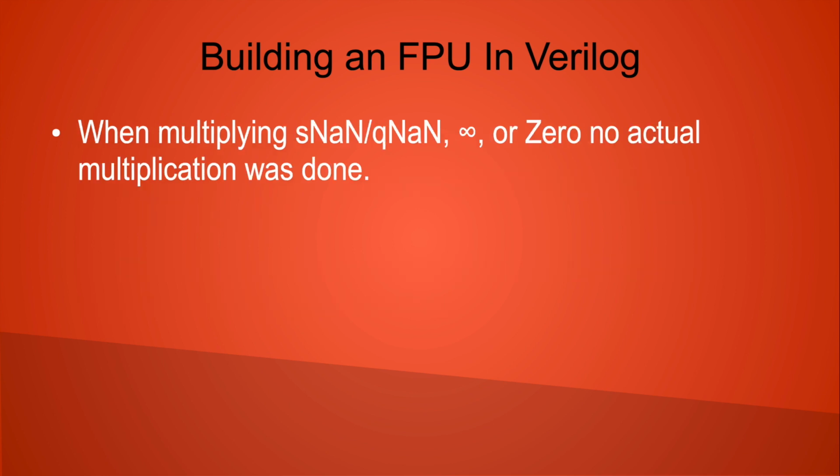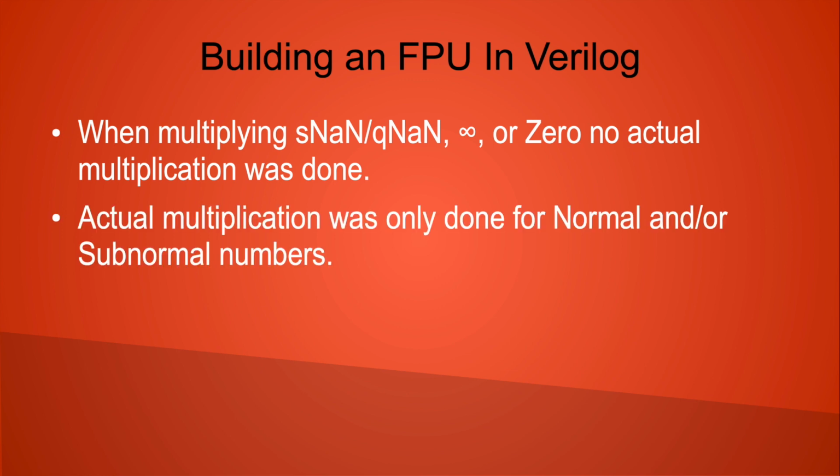When developing the multiply circuit, if one or both of the operands was a NaN, infinity, or 0, no actual multiplication is done. Actual multiplication was only performed in the case that the two operands were normal or subnormal numbers.